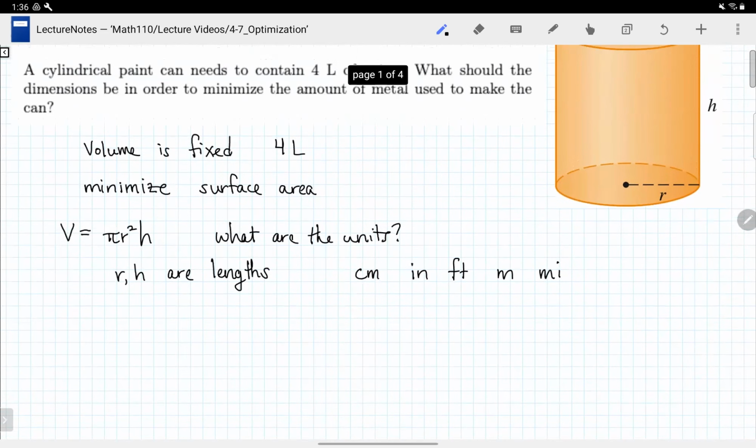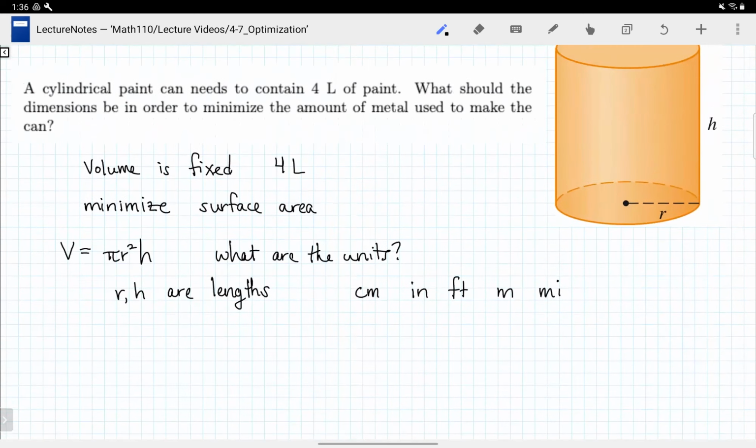And thinking about the likelihood of any one of these, there's only one measurement that is given in the statement of this problem, and that is in this 4 liters. So liters is a metric measurement.